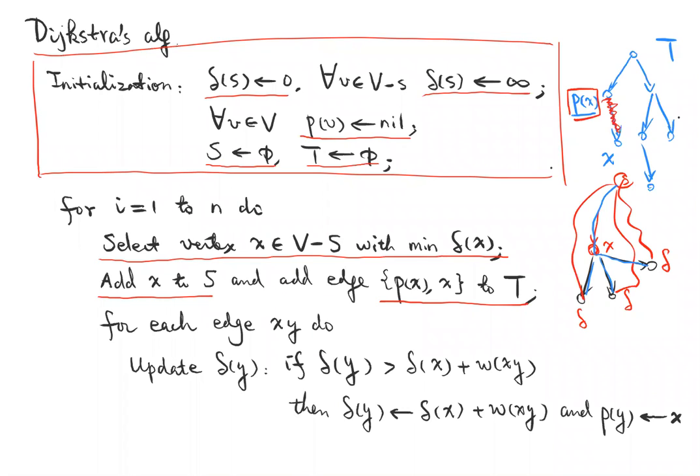If this path is shorter than that one, then we should use this one. That's exactly what happens. For each edge going out from X, we need to check whether we can take a path going through X. That's the update part. We need to update the distance upper bound of Y if the original bound is worse than the path going through X.